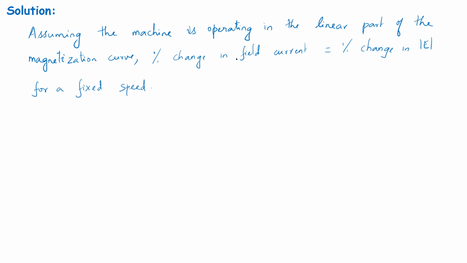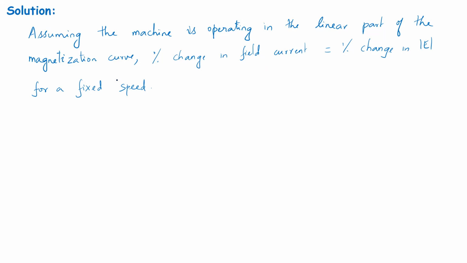See, this is a very important assumption. Unless I make this assumption, I cannot equate the percentage change in field current to the percentage change in excitation EMF. Okay, so it's important that you explicitly mention this assumption. Otherwise, there is a gap in your understanding. You don't clearly convey a complete understanding of a synchronous machine's operation.